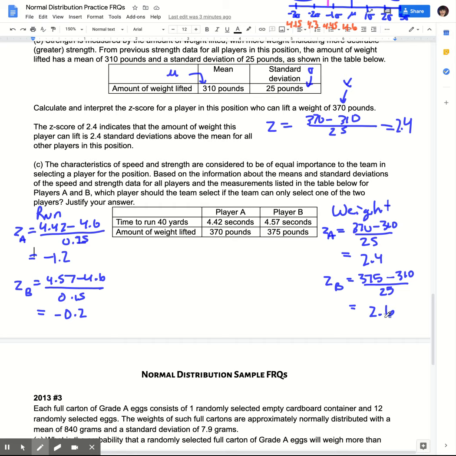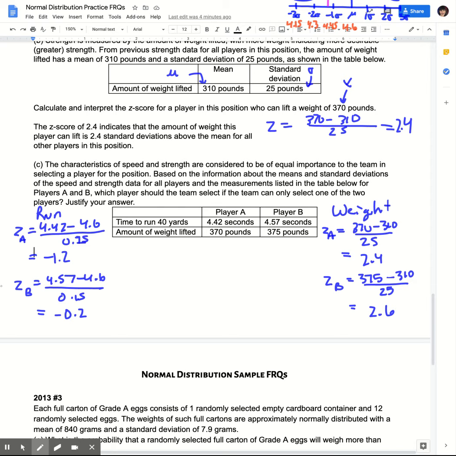Okay, so player A is a much faster runner comparatively to player B, right? So player A is a faster runner, then player B is a better weight lifter, right? The difference between the z-scores for weight is very minimal, whereas the difference in z-scores for running is much larger, okay?